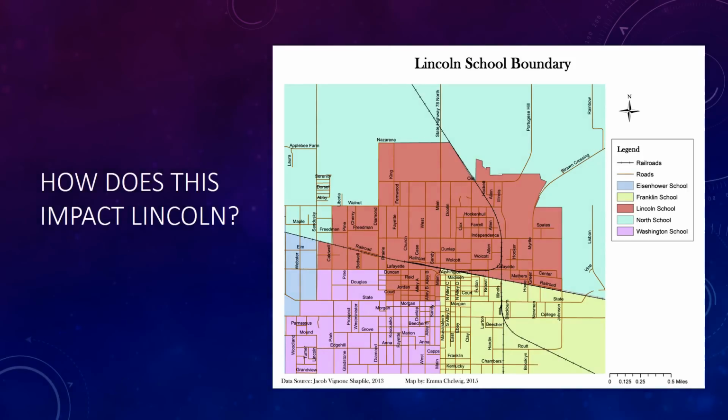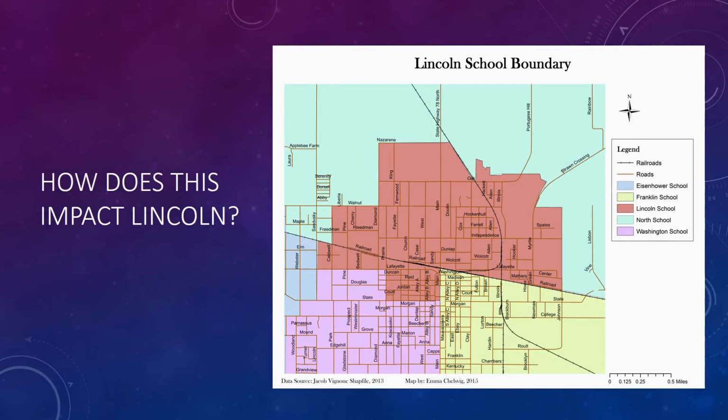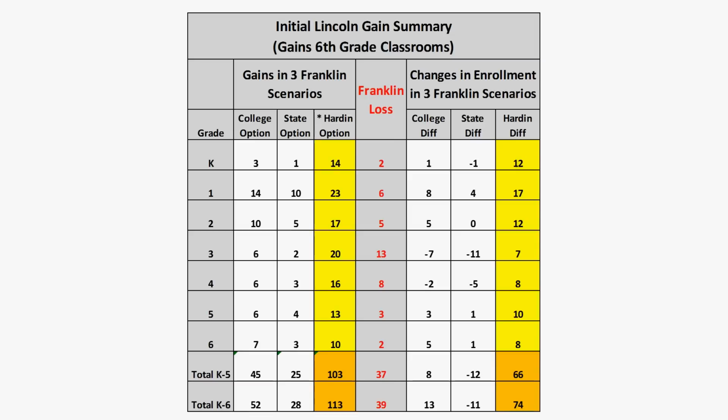Now that working, viable options have been developed for South and Washington Elementary, we next need to look at how these scenarios are impacting Lincoln Elementary. This initial Lincoln gain summary chart shows that the Hardin option, which was necessary to not overcrowd Washington Elementary, would place 113 students into Lincoln Elementary.